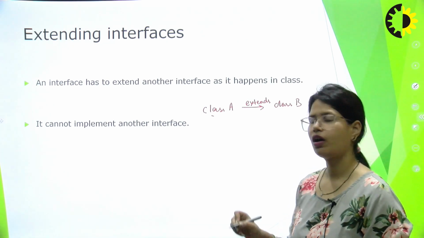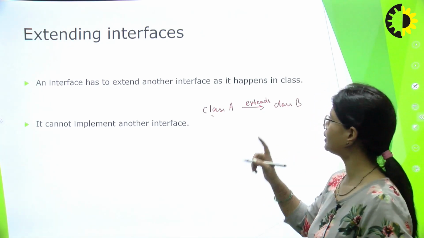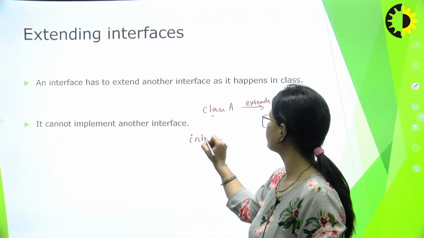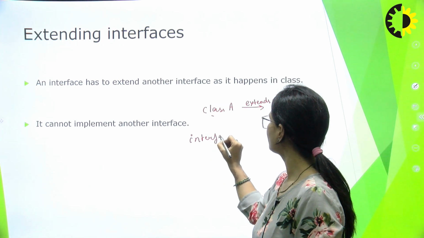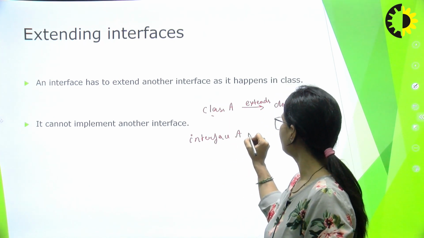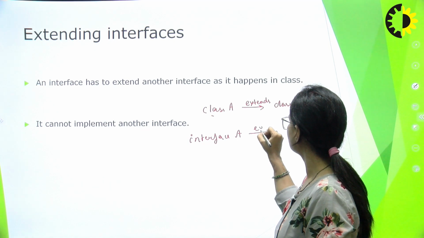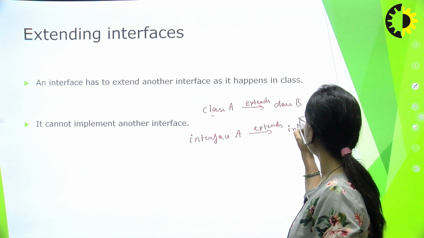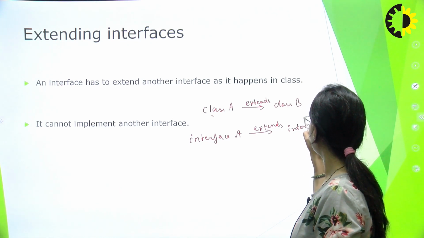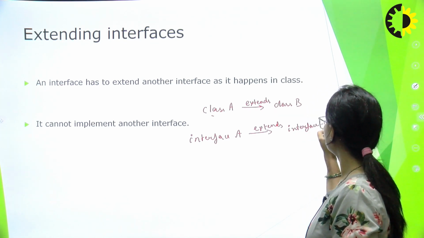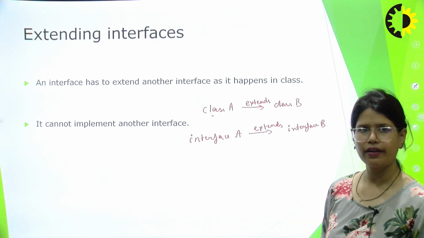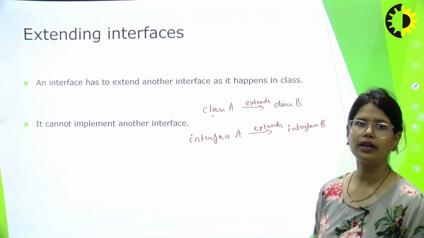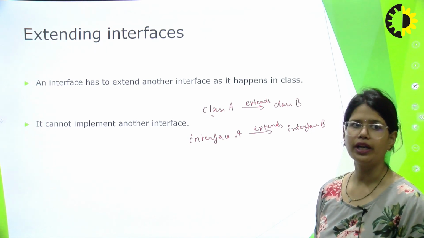Now when we talk about interfaces, interface A also extends interface B, right? When we are extending with classes, we cannot achieve multiple inheritance or hybrid inheritance.